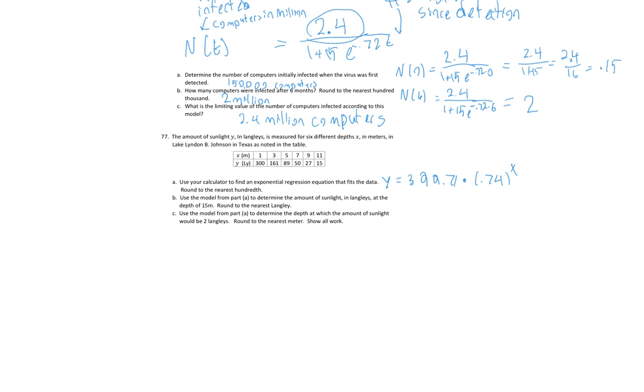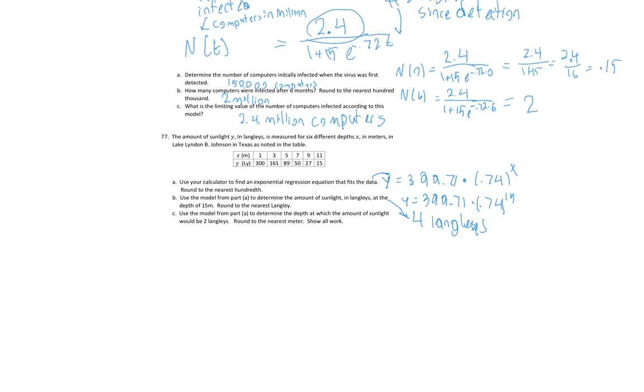For part B, a depth of 15, so I'll do y equals 399.71 times 0.74 to the 15th. So put that in my calculator. I got 4.37, but to the nearest Langley it's going to be 4, so 4 Langleys, whatever those are. That's my answer for that.